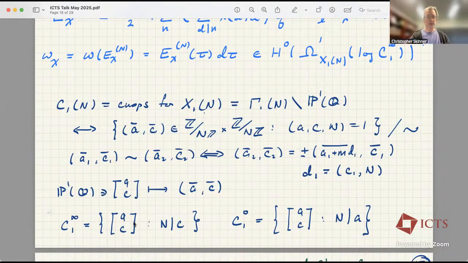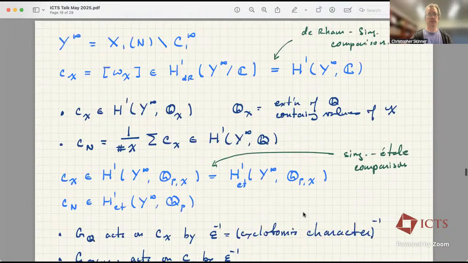That's where the point in projective space, if I'm writing it with integer coordinates a and c, has n dividing the integer c, and the zero cusps are where n divides the entry a. These are not all the cusps, but they're a particularly nice collection of cusps for gamma 1 of n.